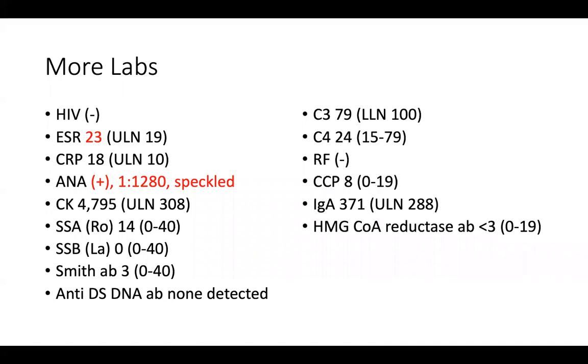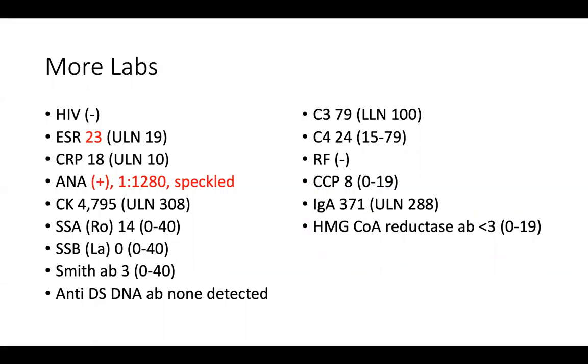So like 1 to 2 positive, you're kind of like, okay. And actually I think for ANA, up to 1 to 20 dilution can still be normal. But this is that they diluted out to 1,280 aliquots, and it was still positive. So that's very, very positive.